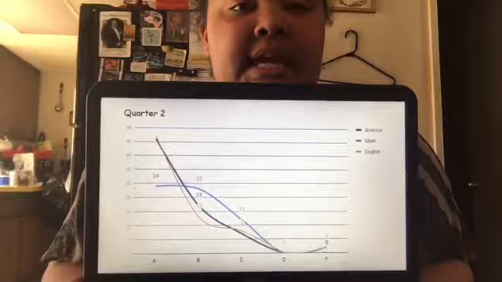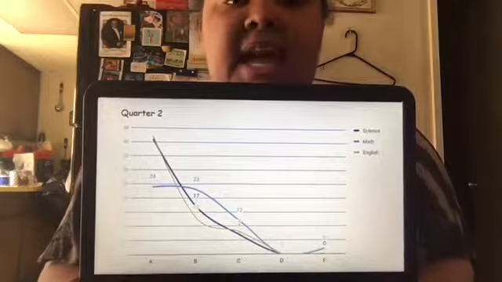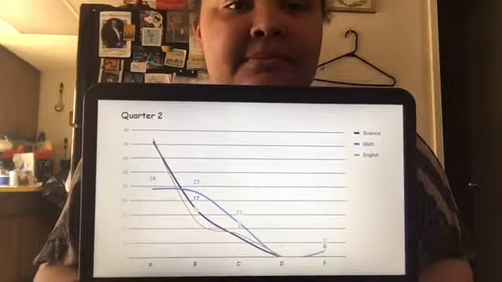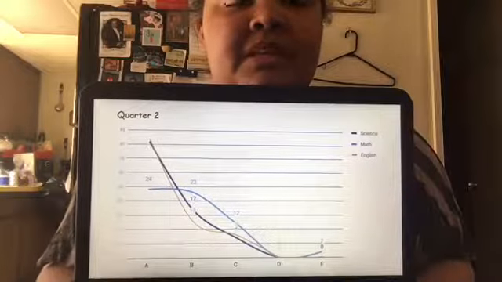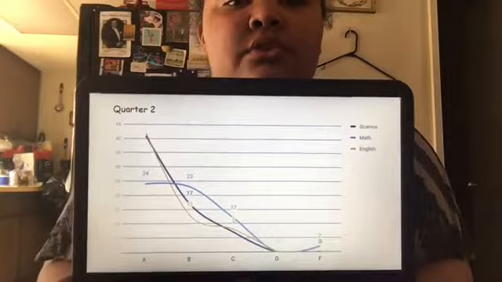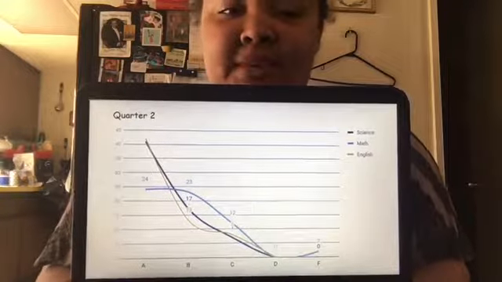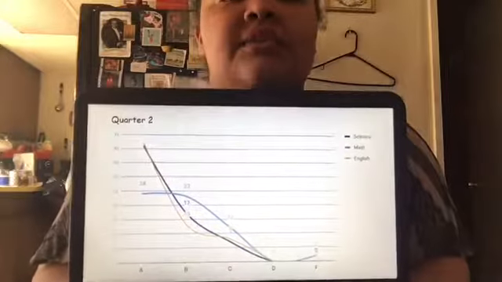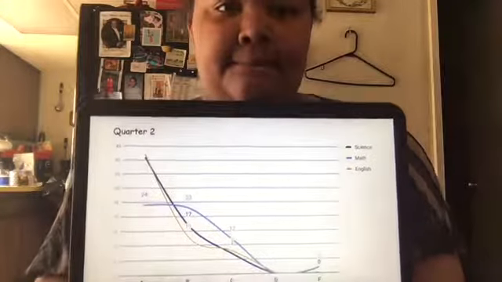For Science, you can see 41 students had A's, 17 had B's, 0 had D's, and 0 had C's. For Math, 24 students had A's, 23 students had B's, 12 students had C's, 0 had D's, and 3 F's.